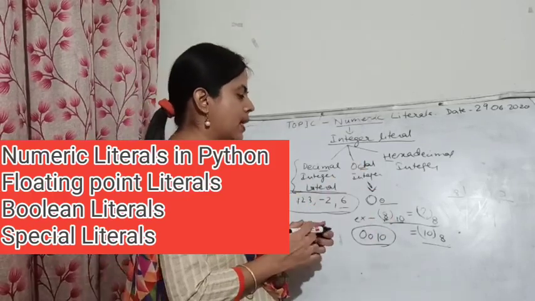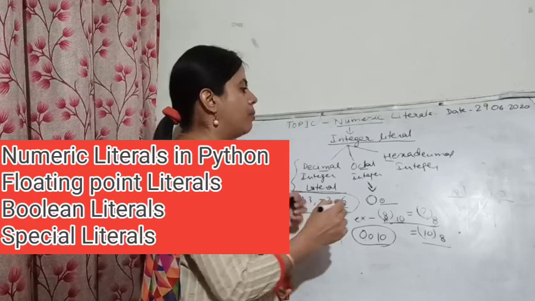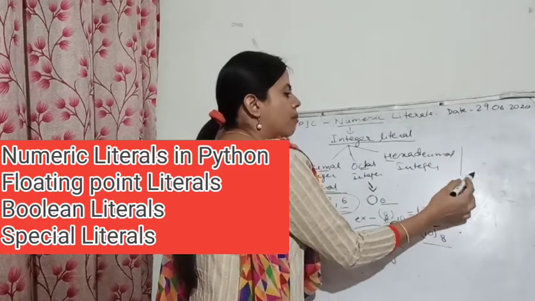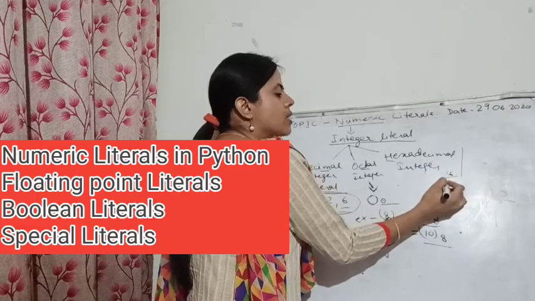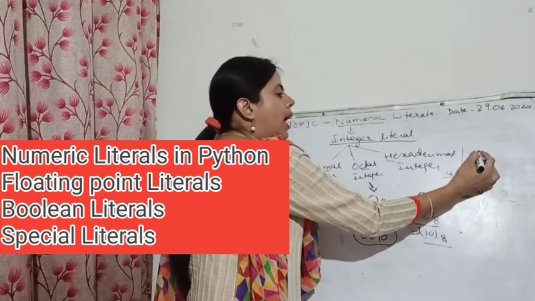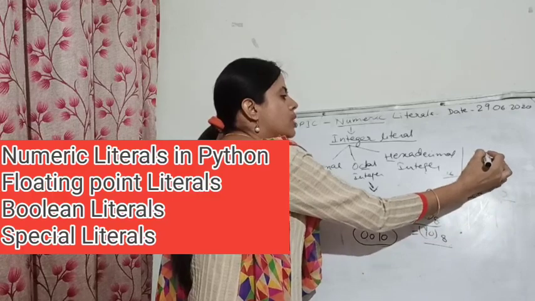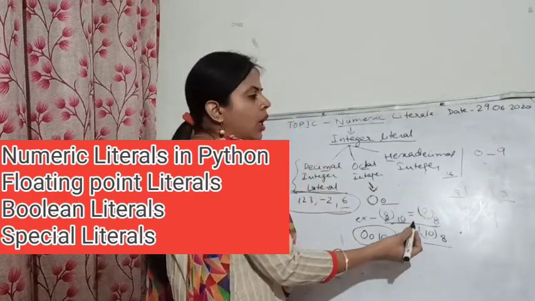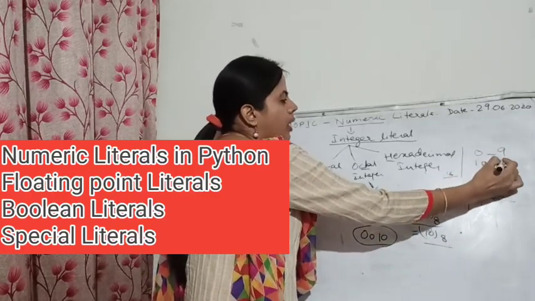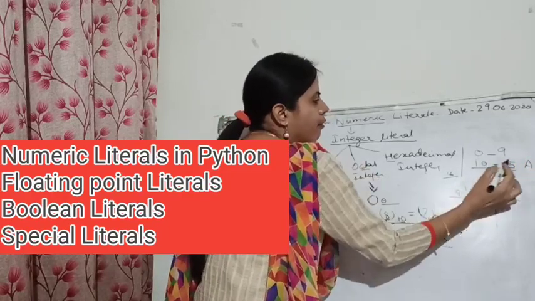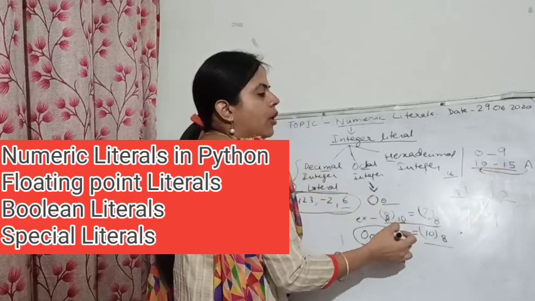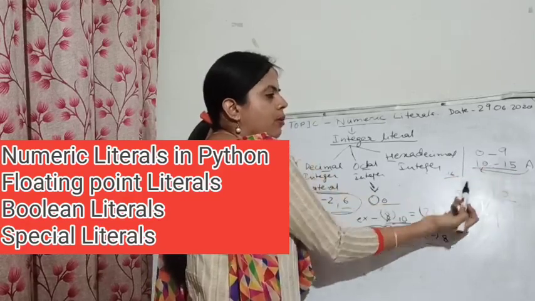Same goes with hexadecimal integer literal. For hexadecimal numbers, the number is divided by 16, the base is 16. If the remainder comes from 0 to 9, it will be written like that only. However, for 10 to 15, it is represented from A to F. So A is the value for 10, B is for 11, C is for 12.